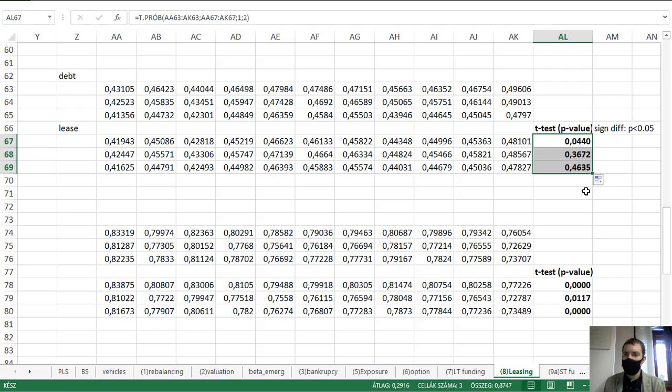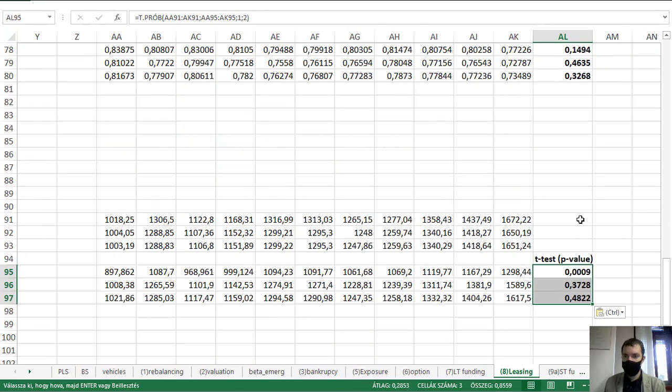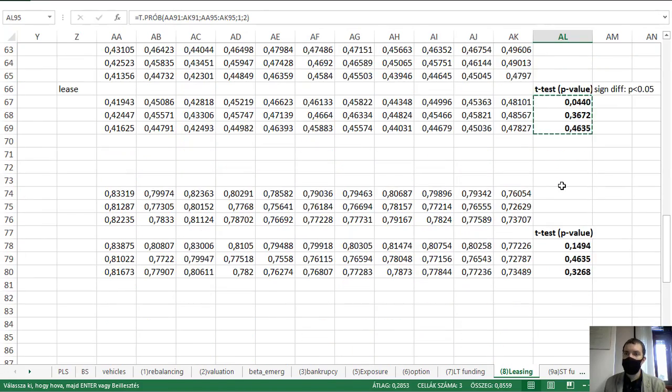Maybe it should be two-sided. Yeah, it's much better.